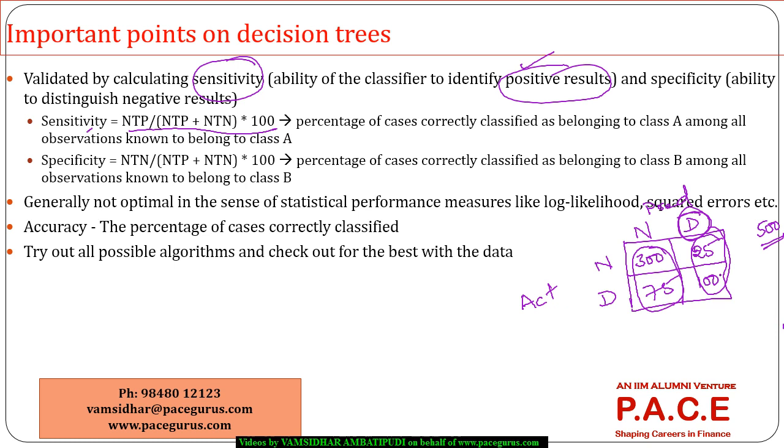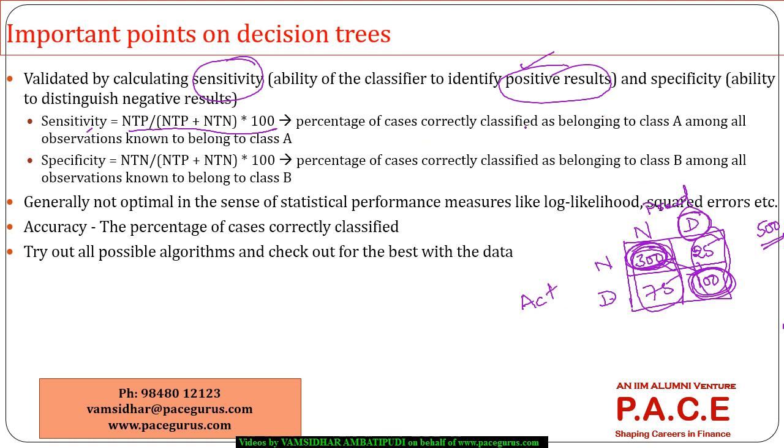The true positives are 100, because I predicted default, and actually they were also default. And these are the true negatives. So this is what comes out as the sensitivity.